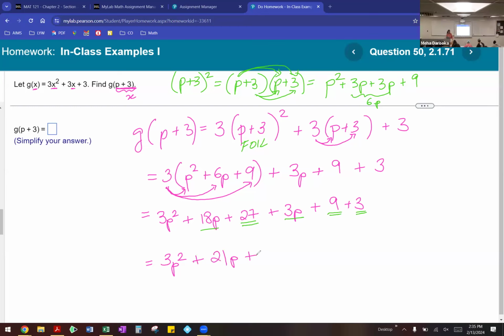Then let's see, what did you say for 27 and 9 and 3? 39, yeah. I'm thinking 27 plus 3 gives us 30, 30 plus 9 gives us 39, but of course you can just put all that in a calculator. And that's it. That's going to be our final answer.